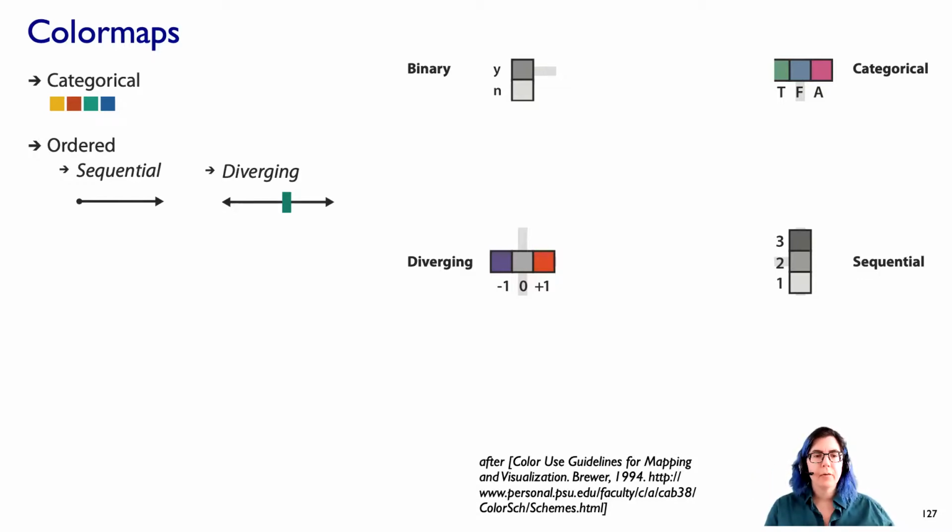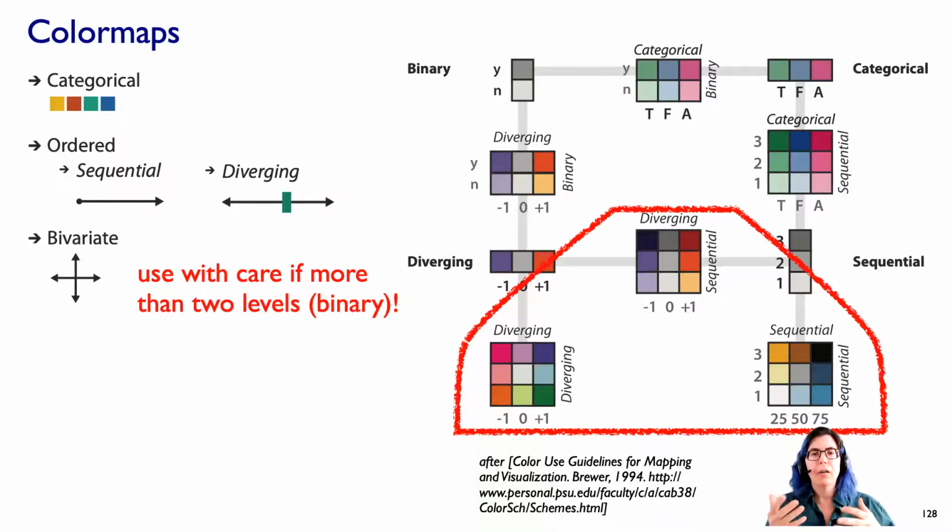Now, what else should we think about? All of those previous examples were single univariate color maps. What if we try to show two different attributes using color? People have designed these so-called bivariate color maps, where some of them are much more dangerous than others.